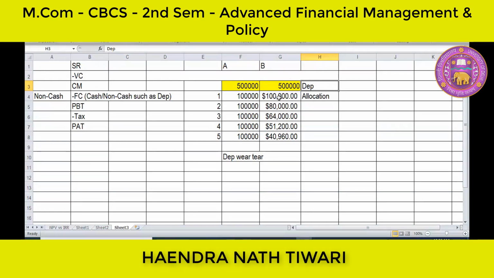That means due to this, no cash is going out. Neither cash outflow is happening nor cash inflow is happening. This much cash is available. So add back those expenses which are non-cash expenses, that is depreciation, and you get cash flow after tax.